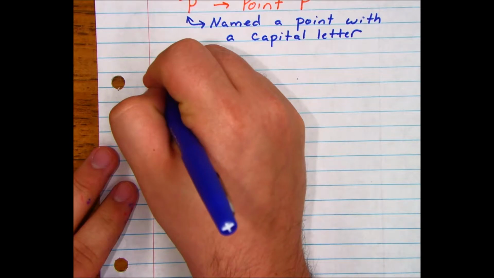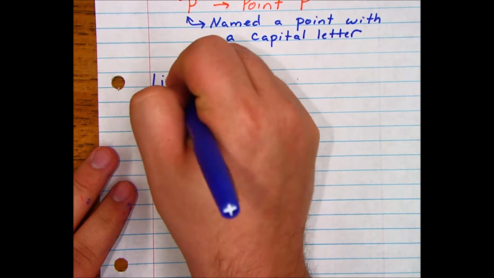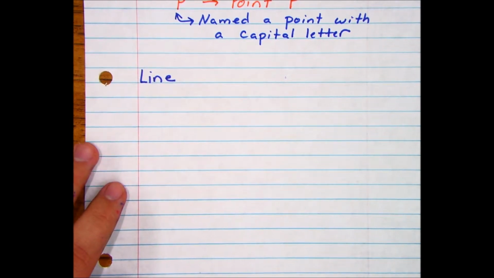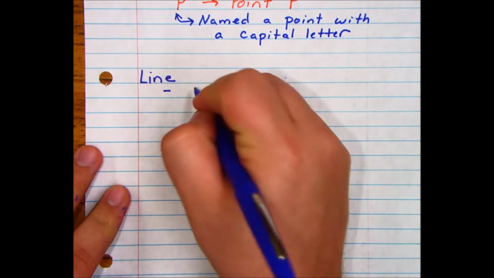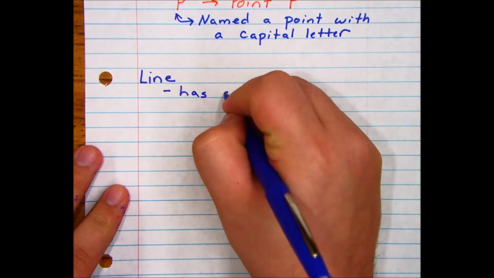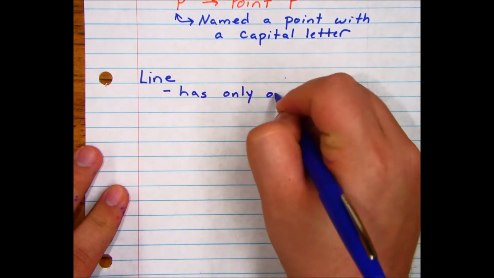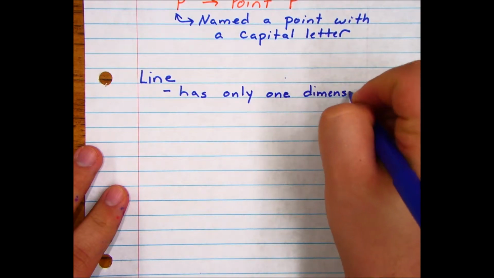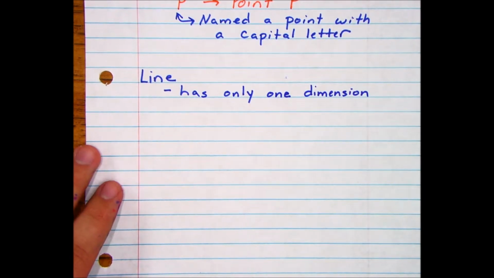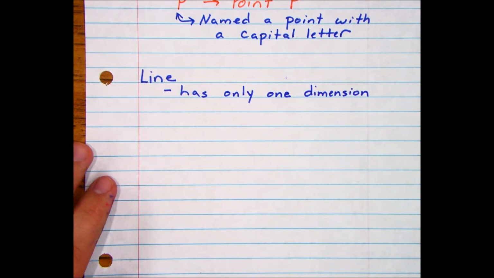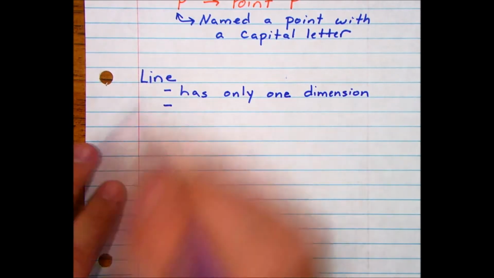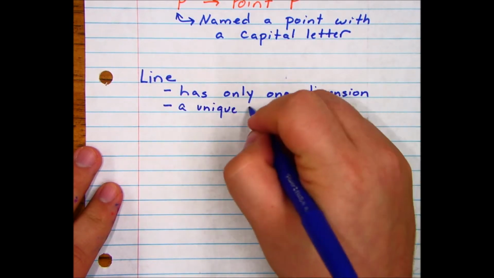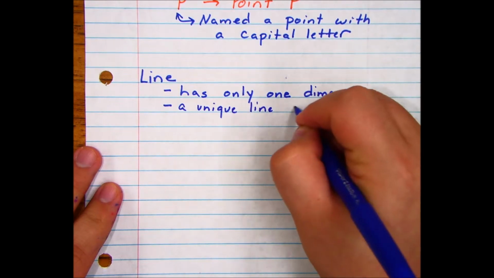A line has only one dimension. We can also get a unique line by drawing a line between any two given points.